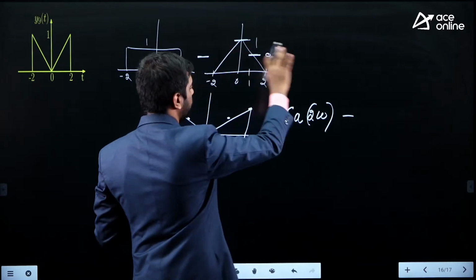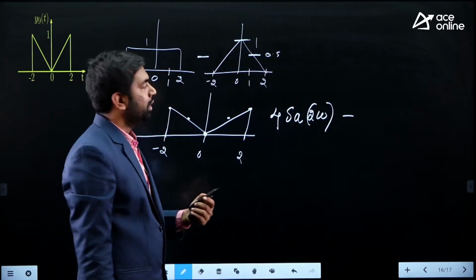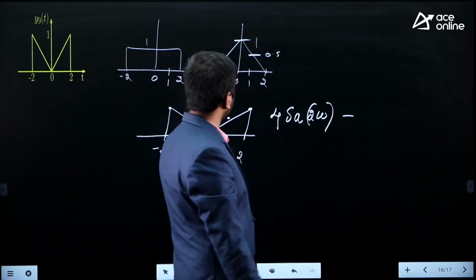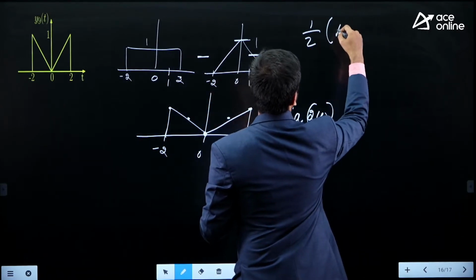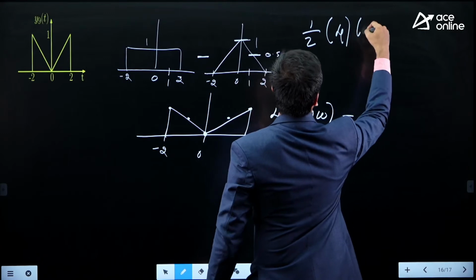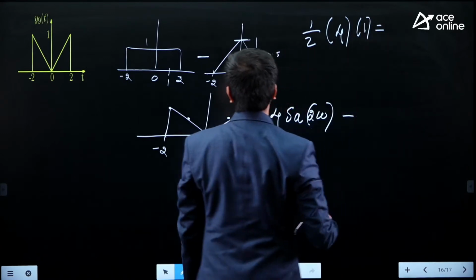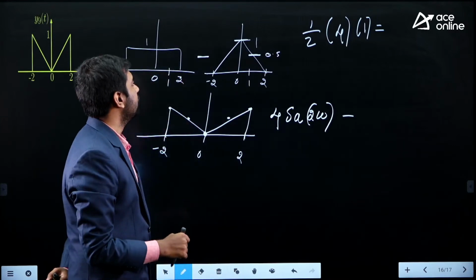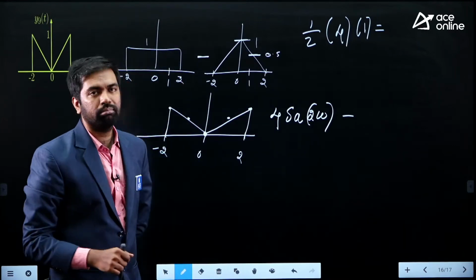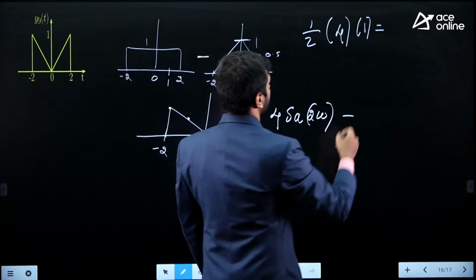How do you find the Fourier transform of this triangular pulse? It's the area of this triangular pulse. How do you find the area? Half base into height. What's the base? Base is 4 units. Height is 1. The area is 2.